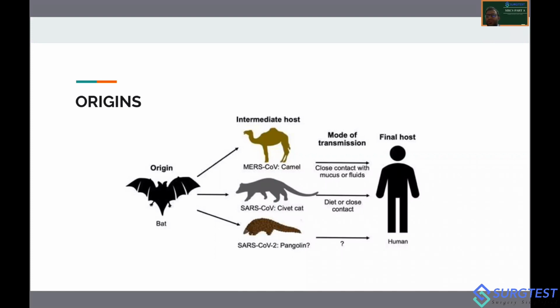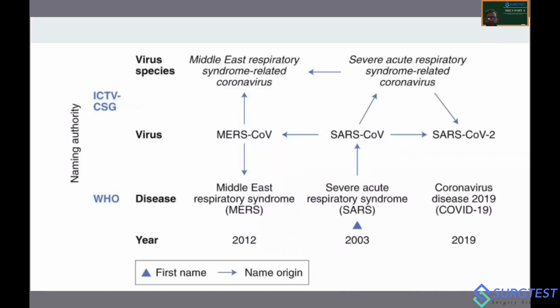The intermediate host was a camel, and then there was the SARS virus scare of 2003, which was through a civet cat. And in SARS-CoV-2, the COVID-19, we suspect the pangolin to be responsible. So the timeline, 2012 was MERS infection, 2003 was SARS, and 2019 was COVID.